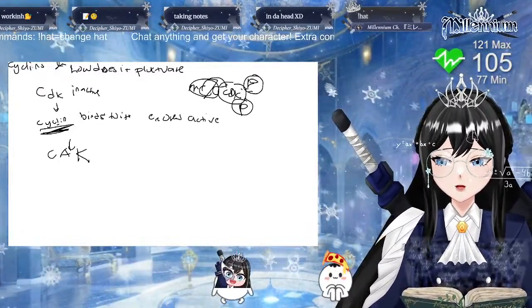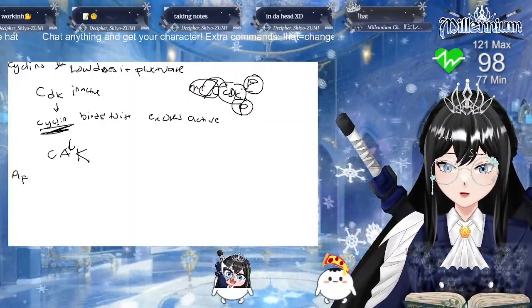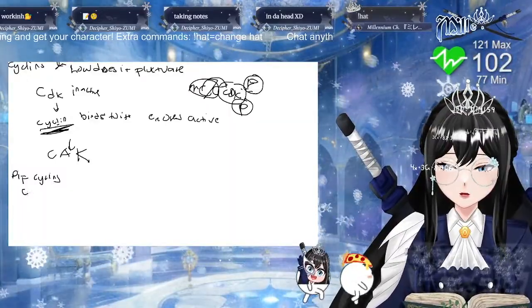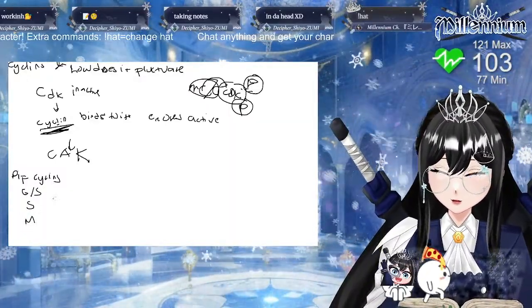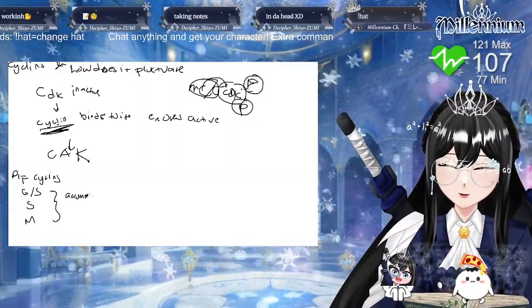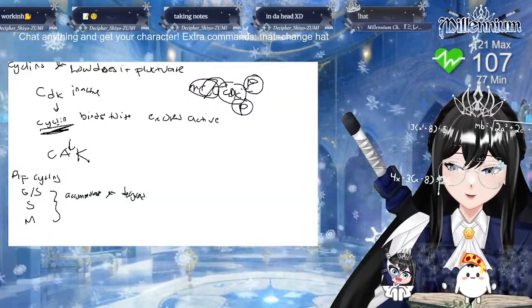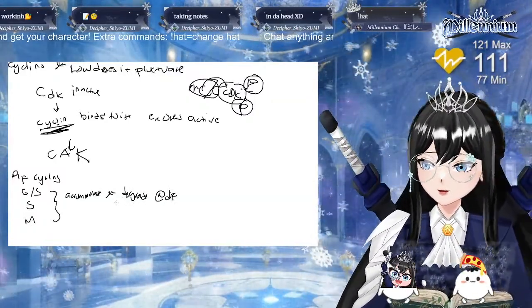There you go. Beautiful. So now, different cyclins. They are the G1/S, S, and M. These accumulate and degrade at different points. So you have the G1/S cyclin, the S cyclin, the M cyclin.